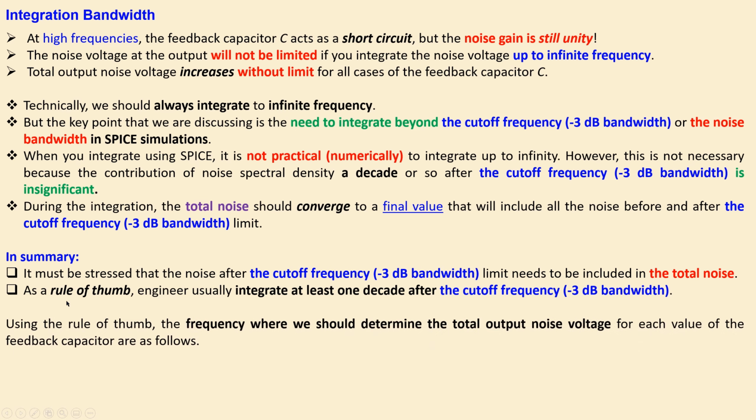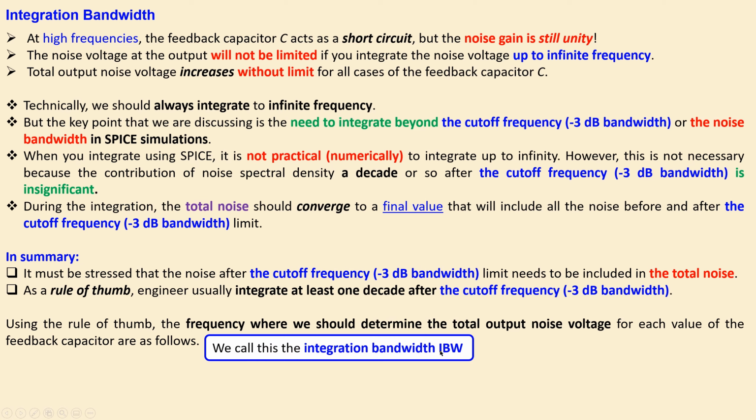Using this rule of thumb, the frequency where we should determine the output noise voltage for each value of the feedback capacitor is called the integration bandwidth, IBW. For example, for the capacitor of 1 nanofarad, the value is 10 times the signal bandwidth.